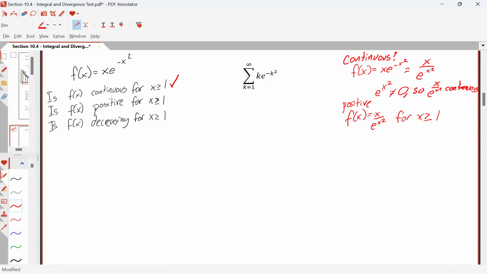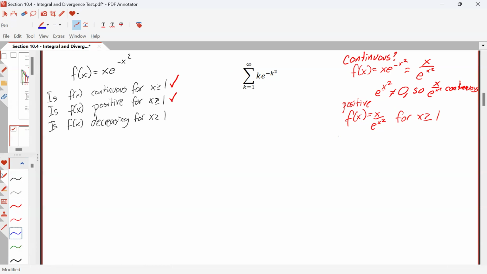X being greater than or equal to 1 means that x is positive. And e to the x squared, that's an exponential that is never negative. So the numerator is positive, the denominator is positive, positive divided by positive, it's positive. So those two questions, easy to answer.